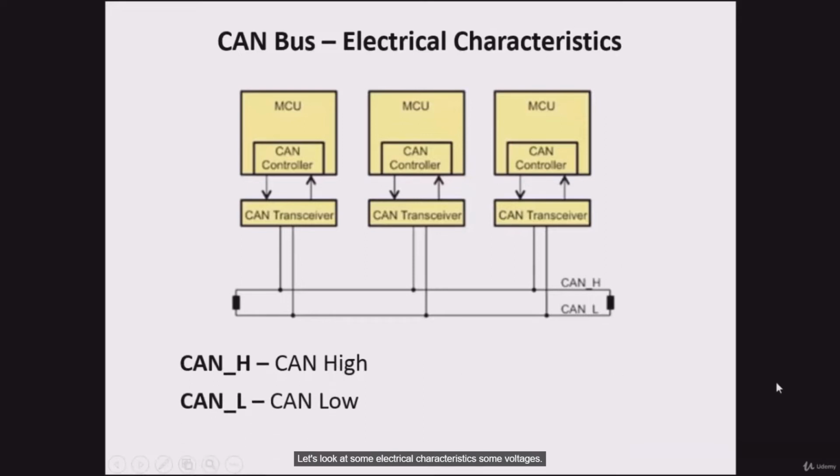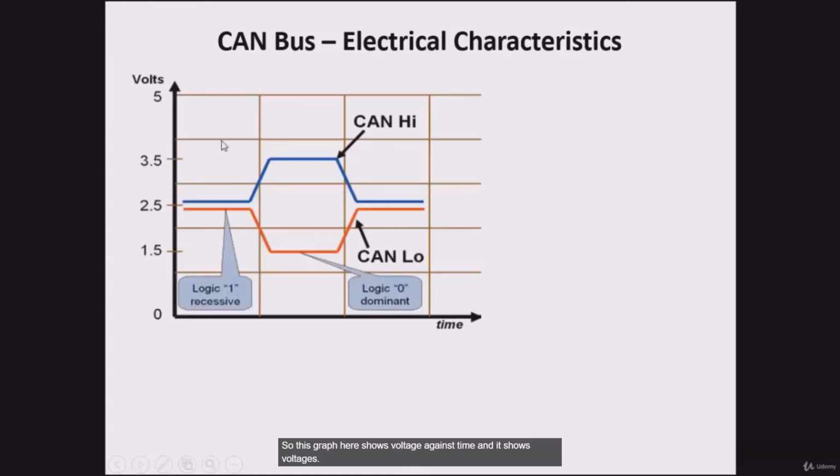Good, let's look at some electrical characteristics, some voltages. This graph shows voltage against time, and it shows voltages on the CAN high wire and also on the CAN low wire. You're seeing here it says logic 1 recessive. What does that mean? CAN bus is a little quirky in terms of electrical characteristics. It's a bit upside down.